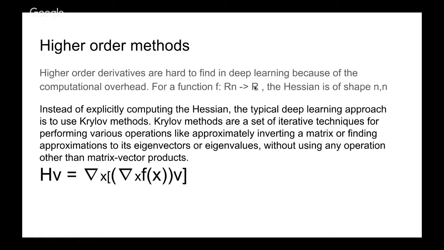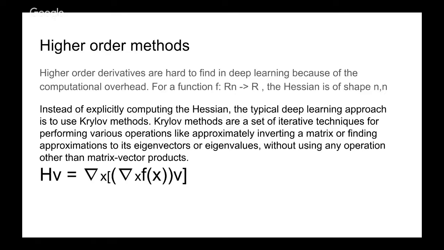The Hessian is the second order version of the Jacobian, in which each term is a second derivative. For Rn to R, the first term is d square y by d square x1, then d square y by d square x2, and similarly.